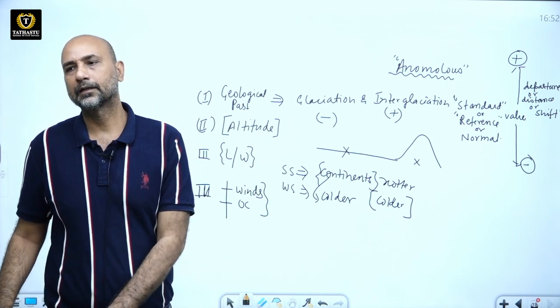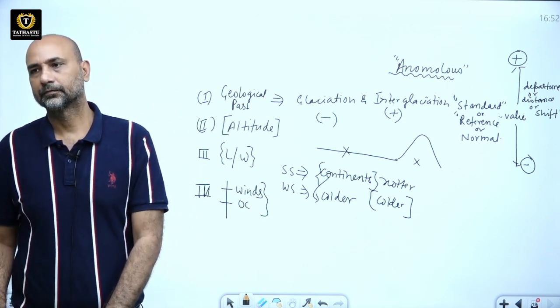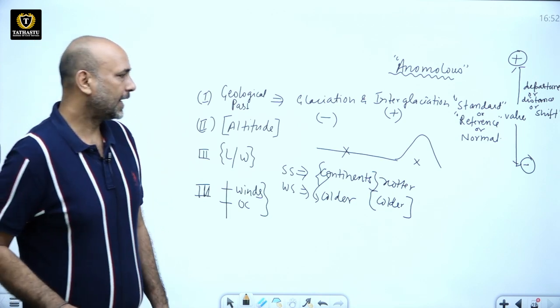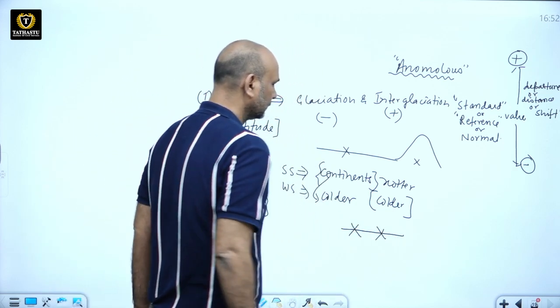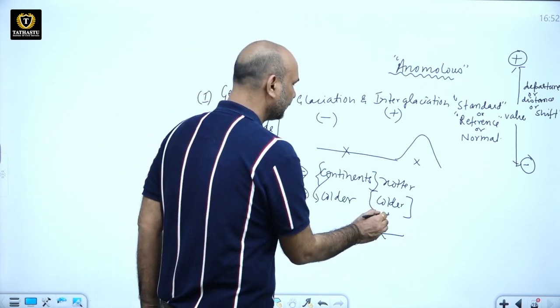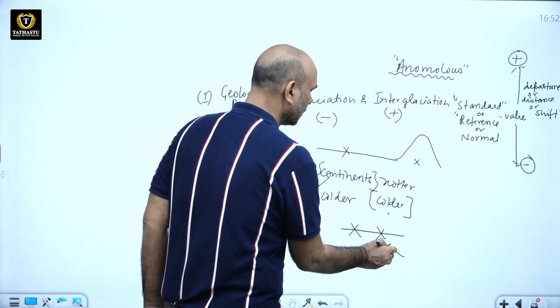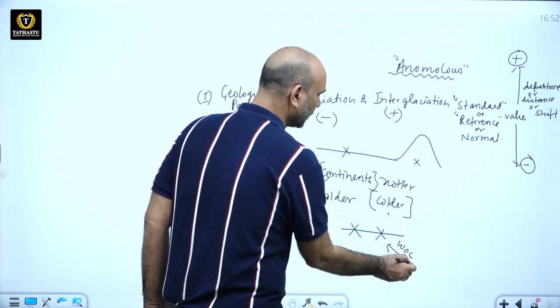Inflowing winds and oceanic currents and their thermal properties. Say there are two places at the same latitude. One place is under the influence of inflowing warm oceanic currents, or warm winds, or both.